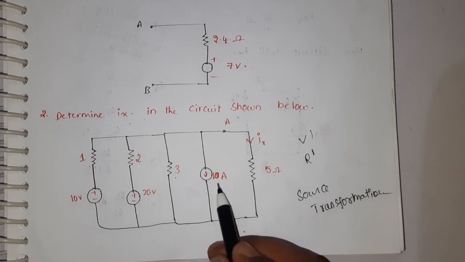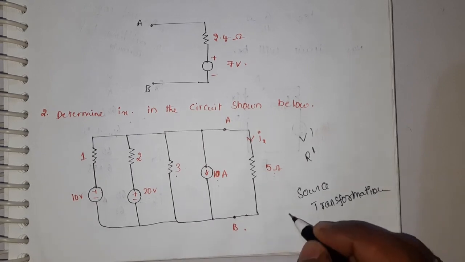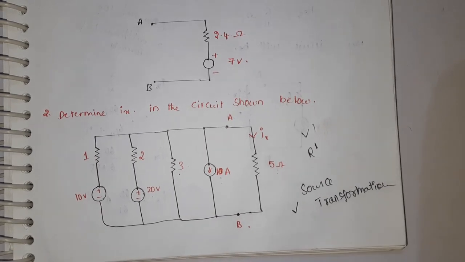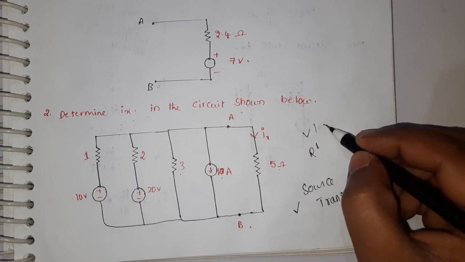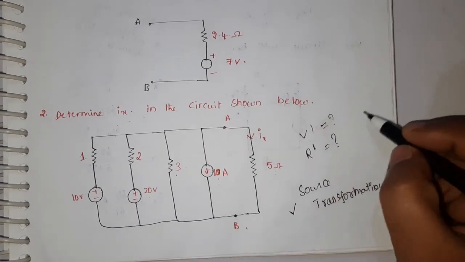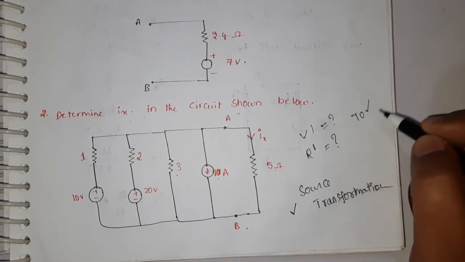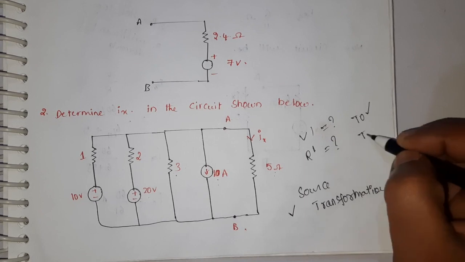So to convert this 10 ampere current source into a voltage source, we must apply the source transformation technique. So we need to find out V and R values to write the equivalent resistance and equivalent voltage source.